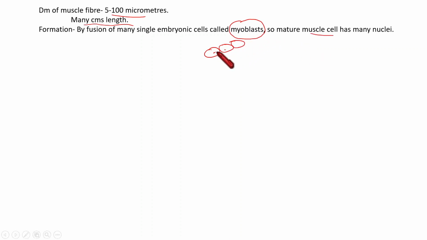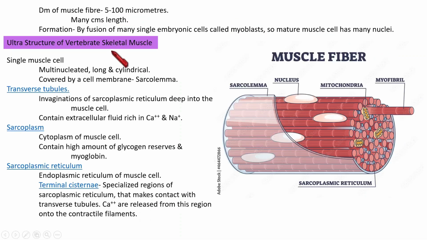As so many myoblast cells fuse with each other, a single muscle cell possesses many nuclei. Okay. Now we have an idea about the general structure of the skeletal muscle. Next, we are going to see the ultrastructure of the skeletal muscle.